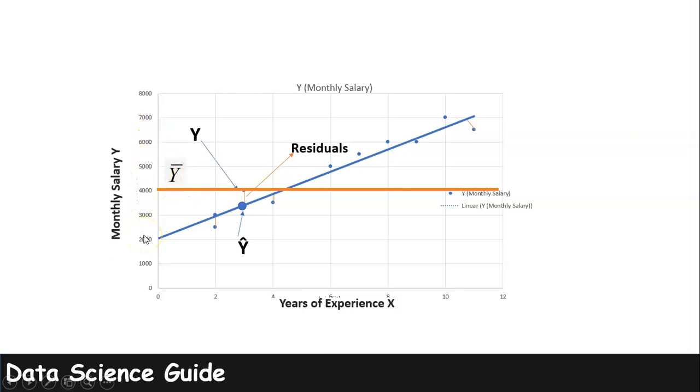So now we need to find the difference between any actual value, like this value or this value, and the y bar, or the mean. We are going to find the first difference and square it, the second one and square it, the third one, until we get all the differences between the actual values and the y bar. And we are going to square these differences and find the sum. So we'll get the sum of squares.